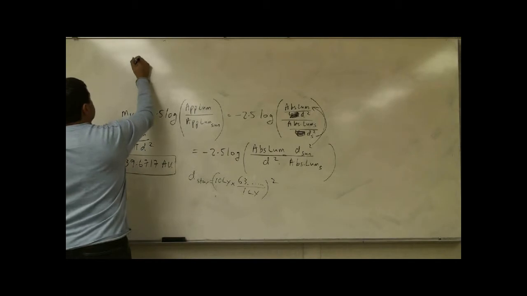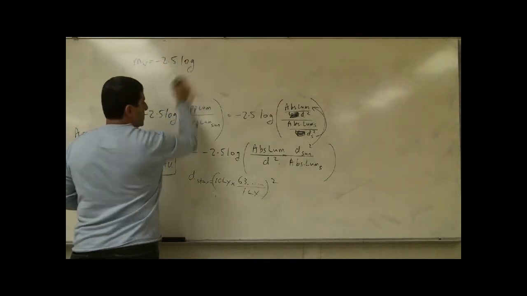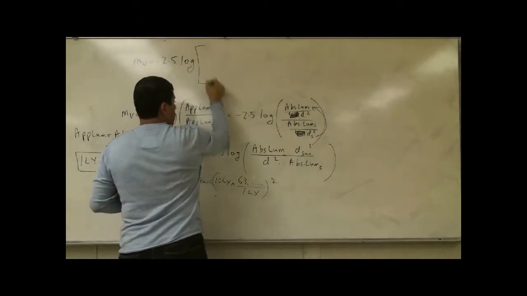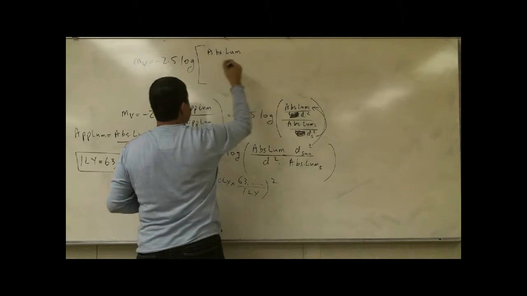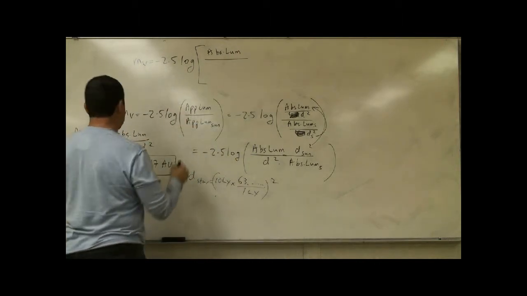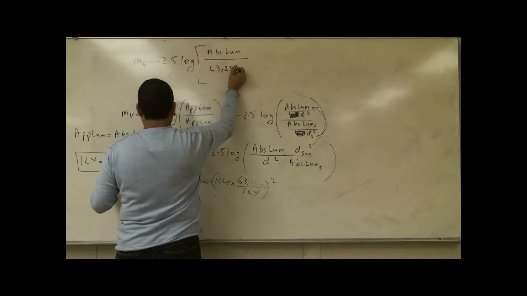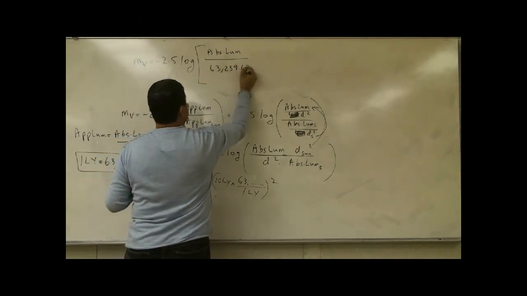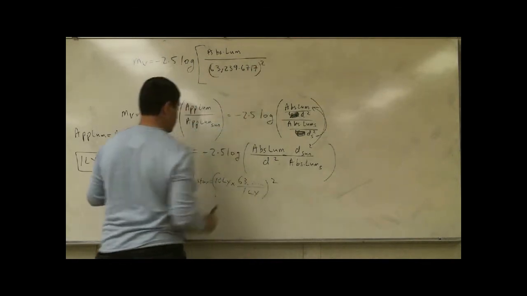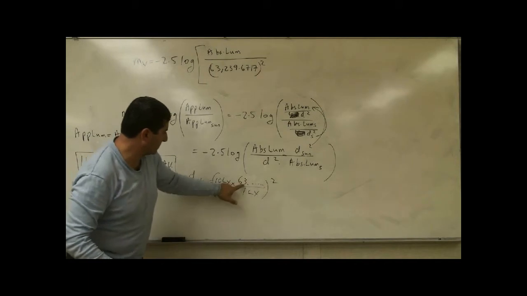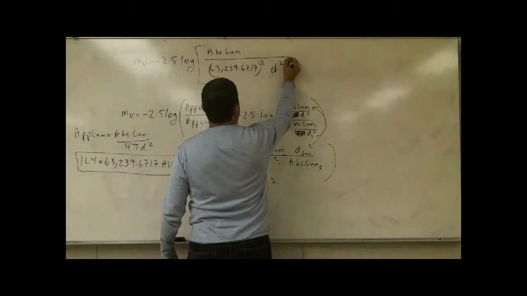So I have here mv is equal to -2.5 log, and I'll put here the absolute luminosity, and then I'll put here 63,239.6717 squared. That one is the conversion, but I have to square it, right? Then I'm going to have the distance of the star squared.